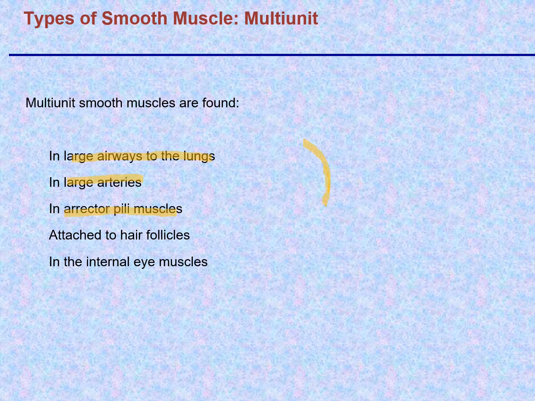Sometimes when you get a chill or fear or surprise, the hair on your arm or the back of your neck can rise up, and that's due to an erector pili muscle attached to the base of the hair. They're in the hair follicle itself. I don't know how good a diagram that is, but the yellow is supposed to be a hair and the brown is supposed to be an erector pili muscle.